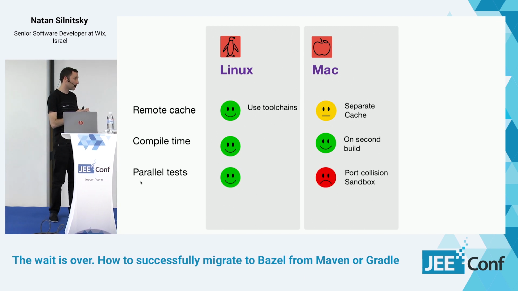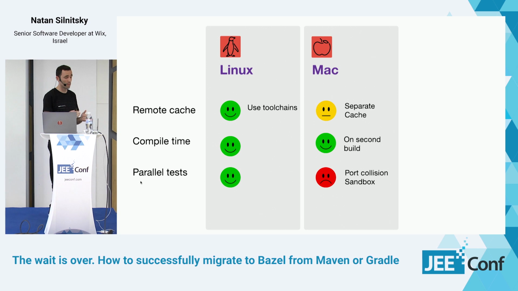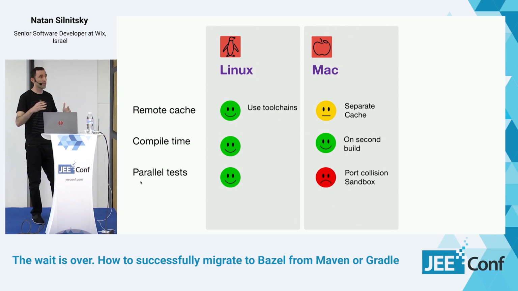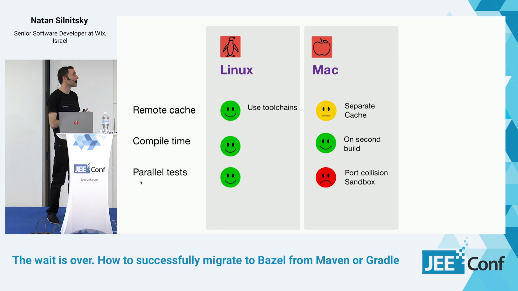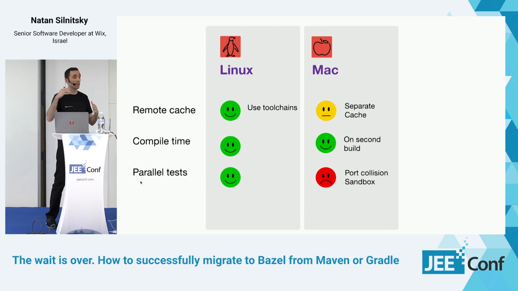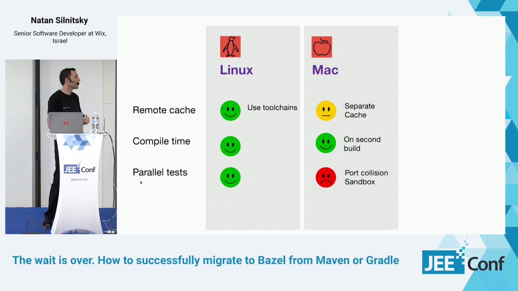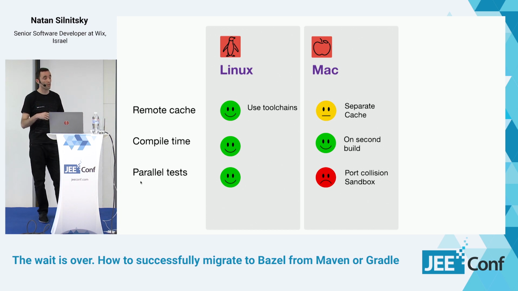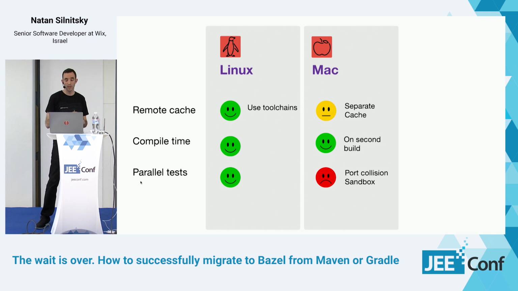Parallel testing. So, like I said, there is sandboxing and isolation of networks with Linux with the user namespace features. So you can run all the tests in parallel and have no worry.